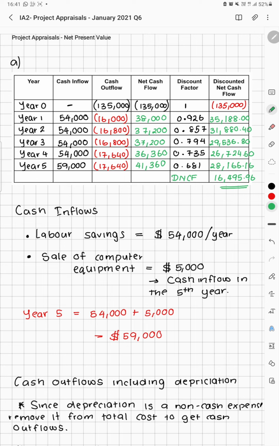How you get that is negative 135 plus each year we have a discounted net cash flow of positive net cash flows, which means we have a positive inflow every year when you consider cost savings. So at the end of 5 years we have a positive discounted net cash flow of 16,495.96.